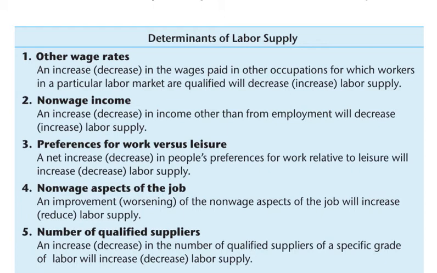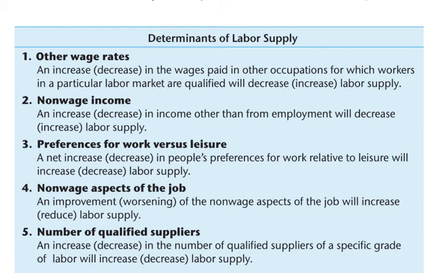This type of transfer payment is one example of non-wage income. And due to this, we can assume that the labor supply curve for paralegals would shift, let's say, to the left, because fewer people now are willing to supply their skills in the market because they are now getting universal basic income from the government.